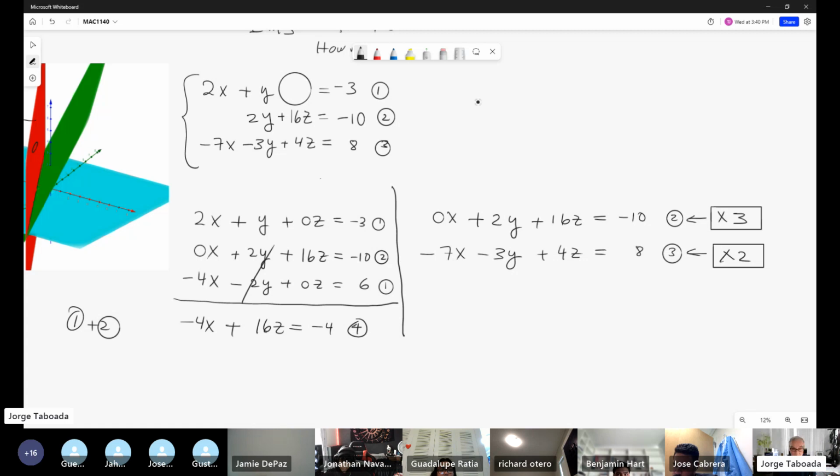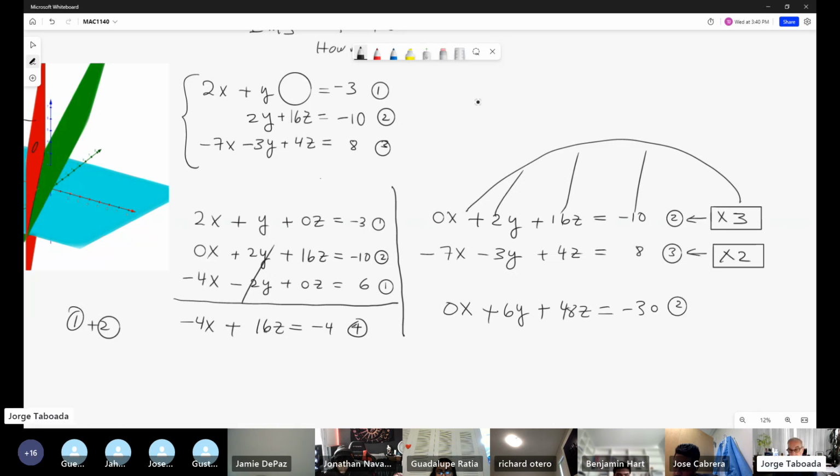Now let's do the multiplication. 3 times 0 is 0x. I am multiplying every term: plus 6y plus 48z, that was 3 times 16, equals minus 30.